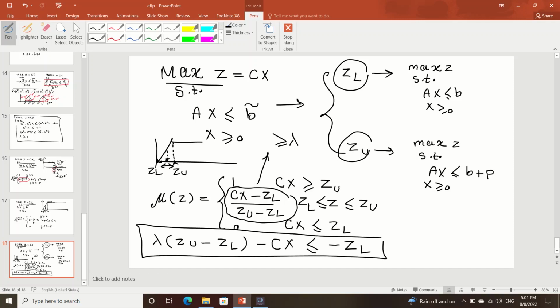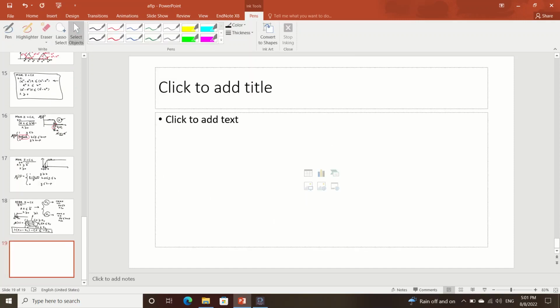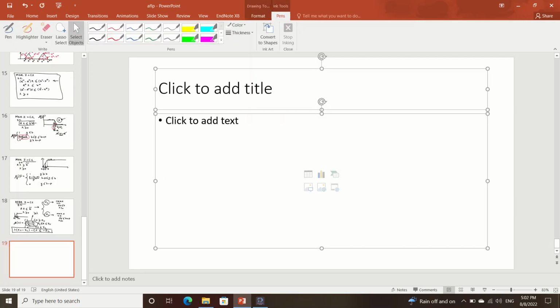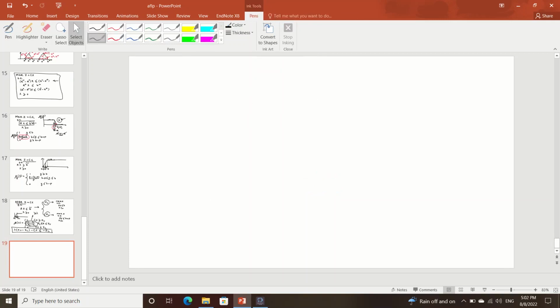Then you are going to maximize lambda. So this model with fuzzy right hand side can be rewritten like this.